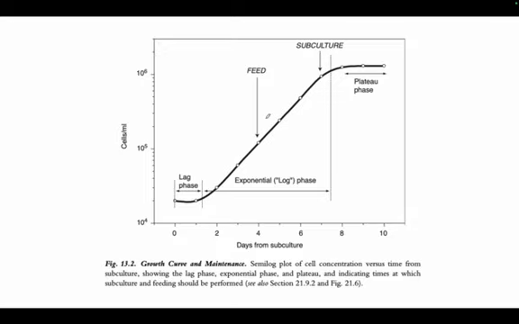And at this time, we have to feed the cells, right? Which means we have to add media, change the media, and so on. And once it reaches the limitation either of space, media, or something, it will enter the plateau phase. And before it enters the plateau phase, it's the good time to passage it or subculture the cells. Okay.